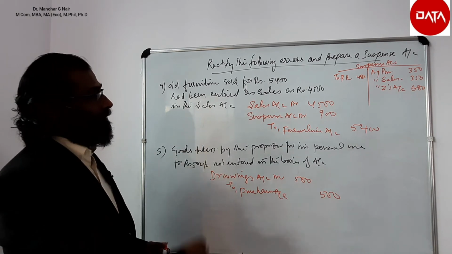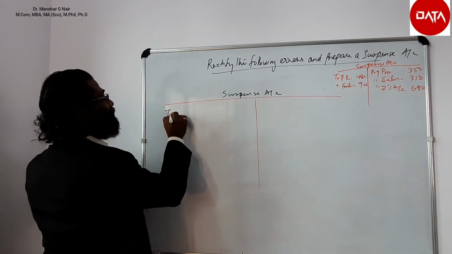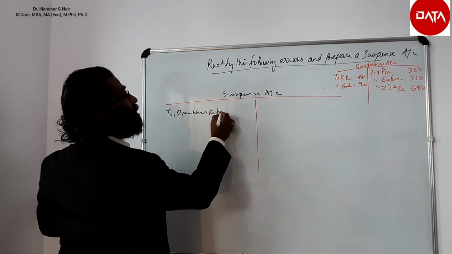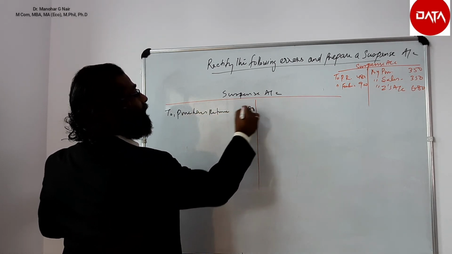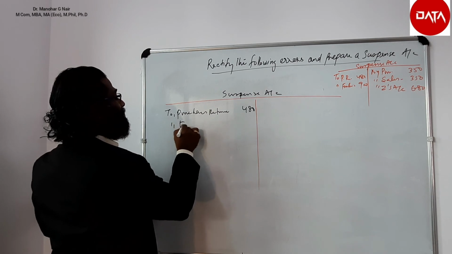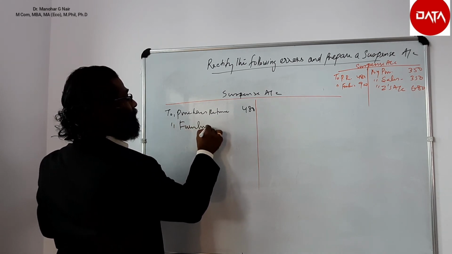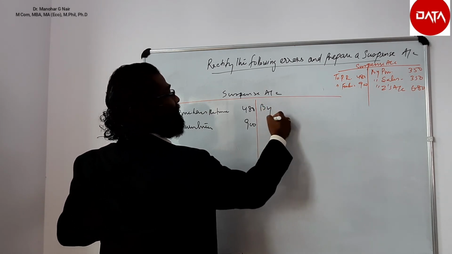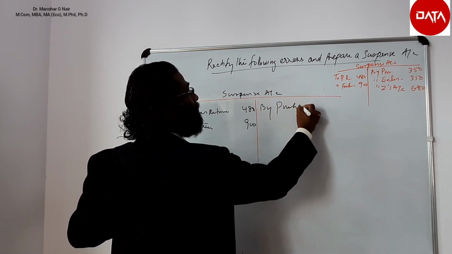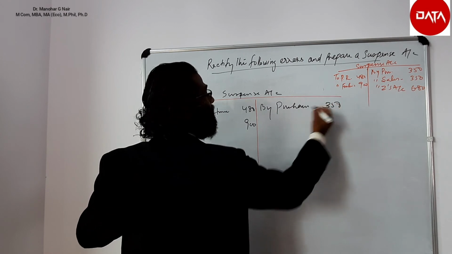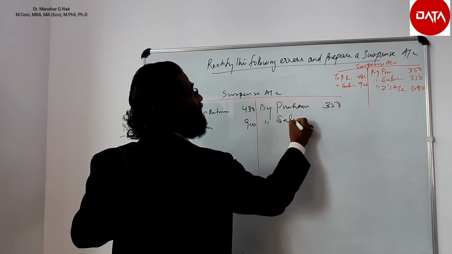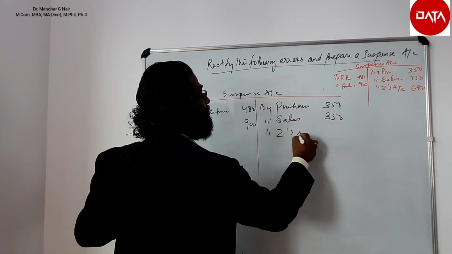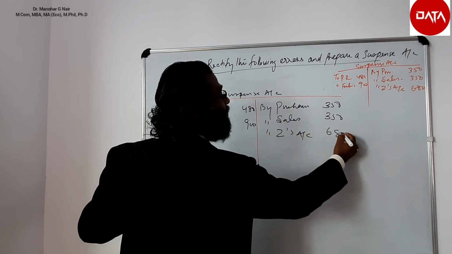Now let us prepare the suspense account. To purchases return 480, to furniture 900. By purchases 350, by sales 350, by Z's account 680.